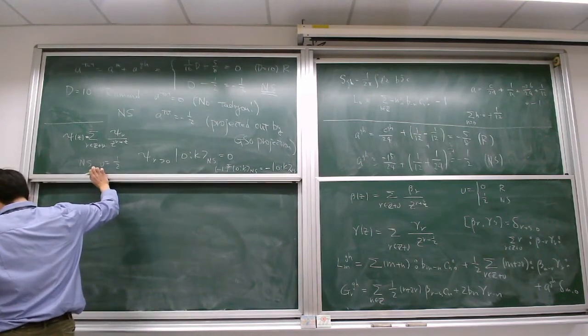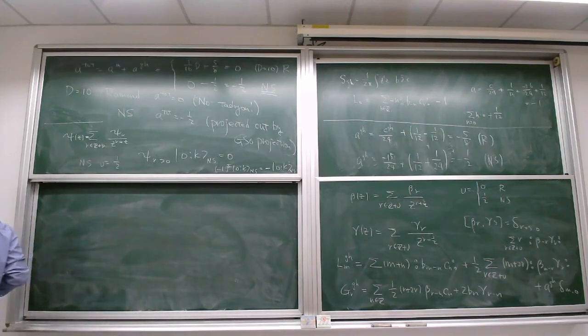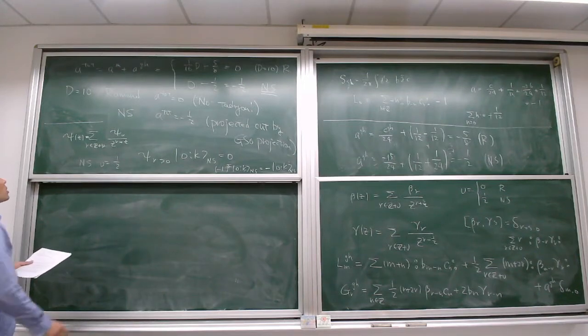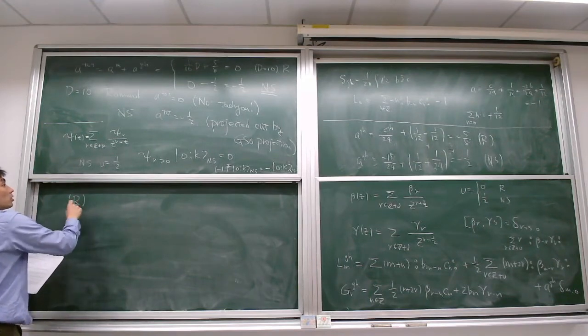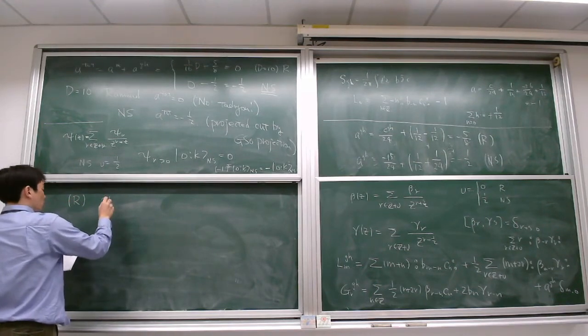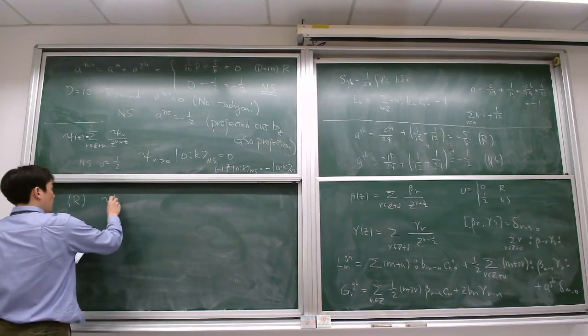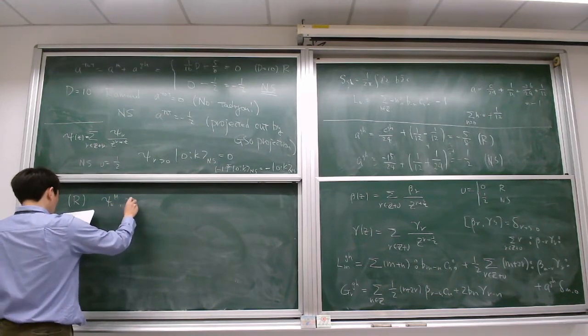You can consider this as a definition. Let's move on. Then you can consider Ramond. You now have a zero mode, and the zero mode satisfies the so-called Clifford algebra.